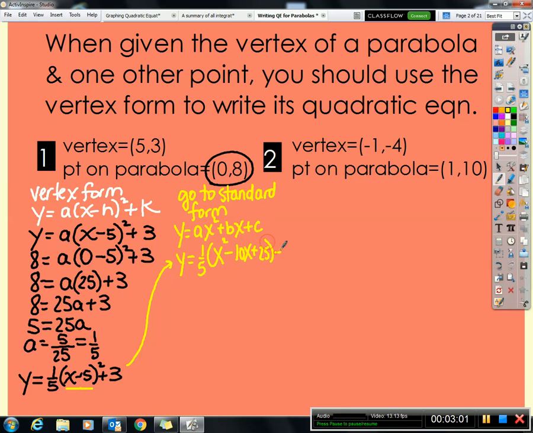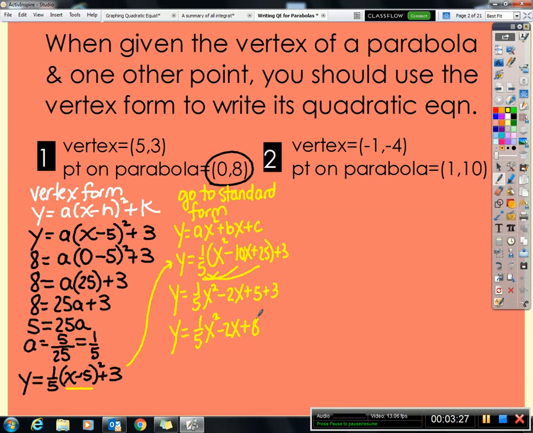Order of operations says that you should now distribute. So it's going to be 1/5 x squared, and then 1/5 of negative 10 is negative 2x. 1/5 of 25 is positive 5, plus 3 at the end. So the standard form is y equals 1/5 x squared minus 2x plus 8.